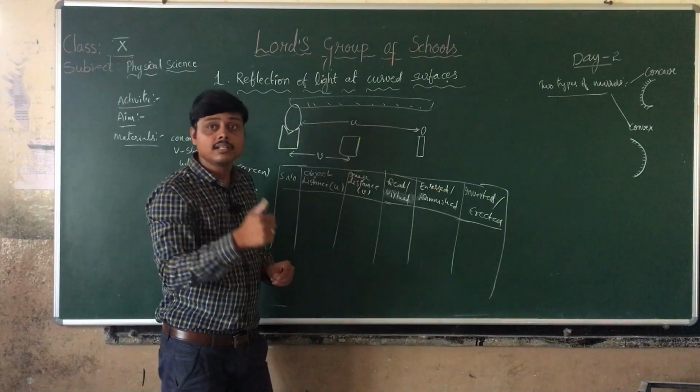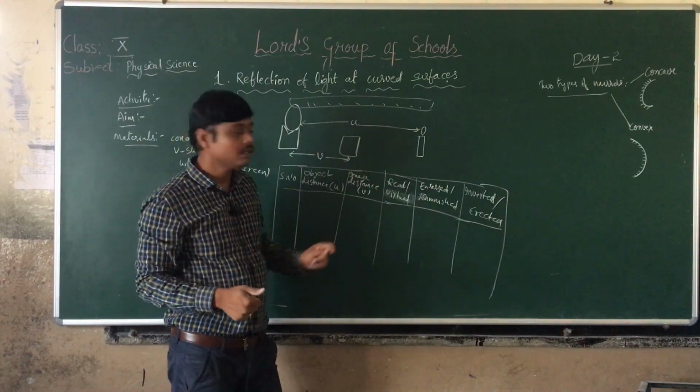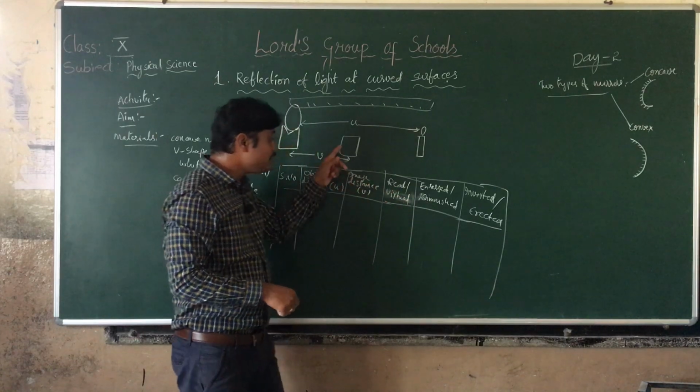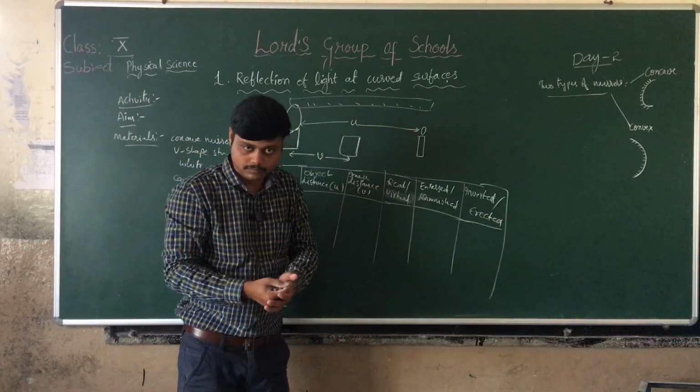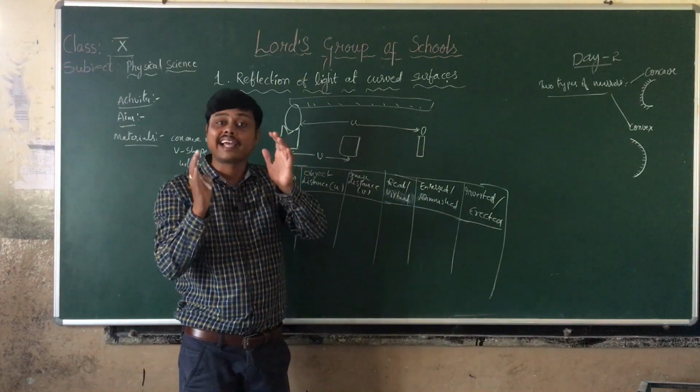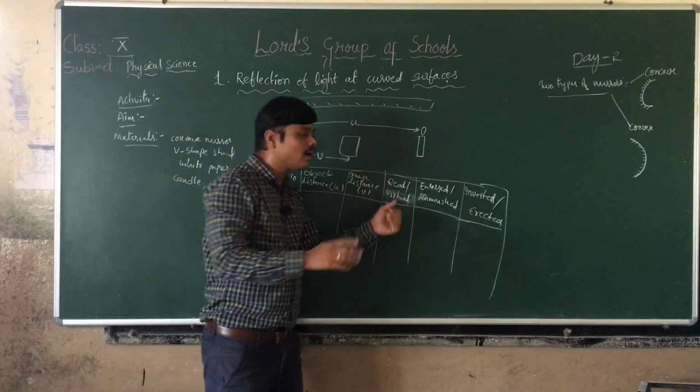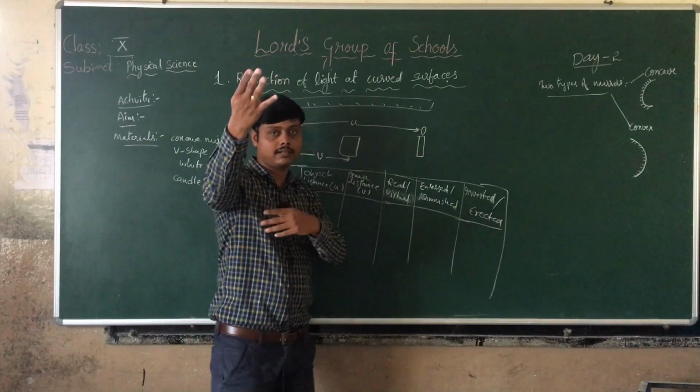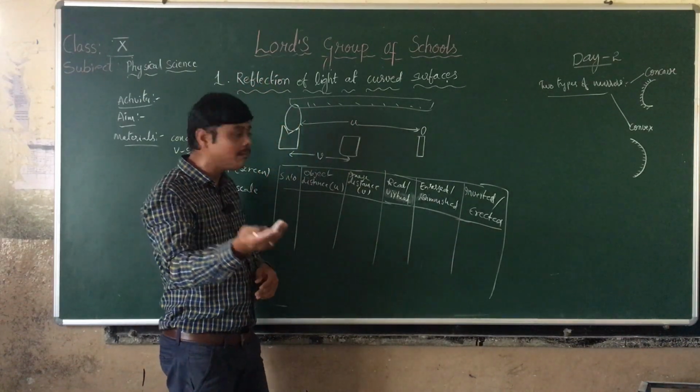What is a real image? The image which can be caught on the screen. And the image which cannot be caught on the screen is a virtual image, because we are defining real and virtual images based upon catching on the screen. It will be found inside the mirror.